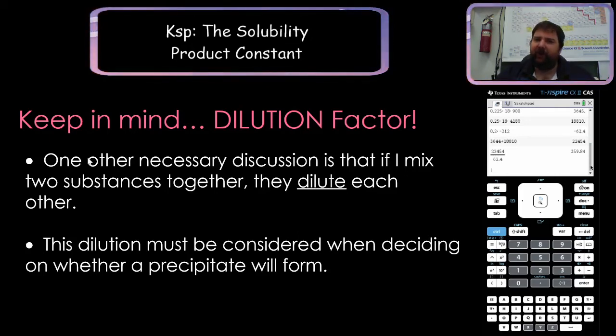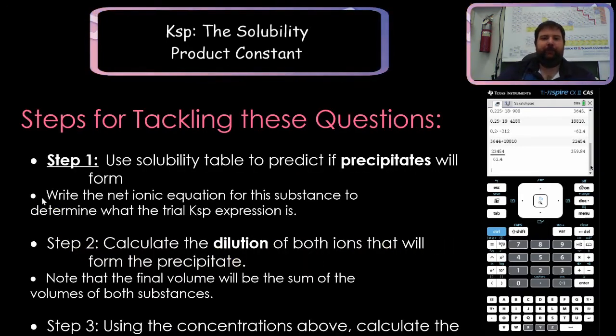Did the amount of salt change? No. Did the amount of sugar change? No. But what did change? How much water they're dissolved in. We are diluting both of them, and we have to consider that dilution when we're deciding on whether or not a precipitate will form. So you have to remember how to do your dilutions.